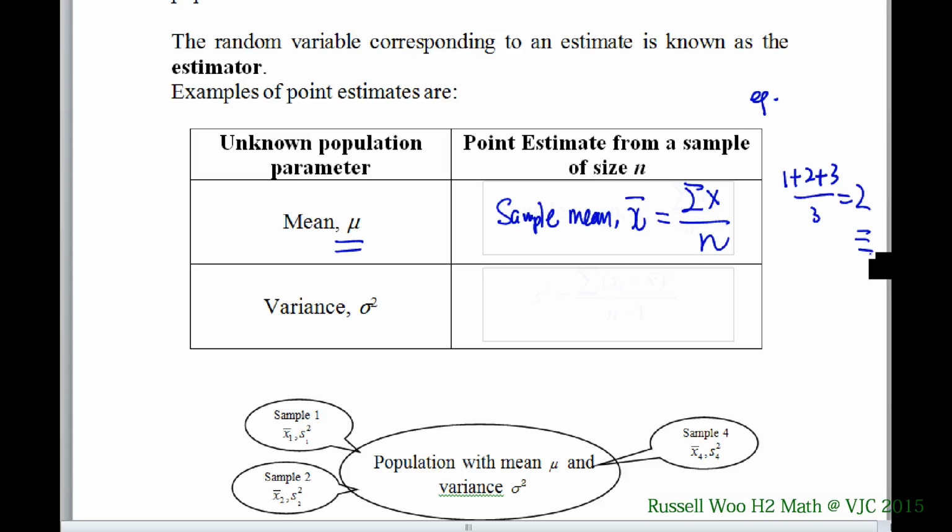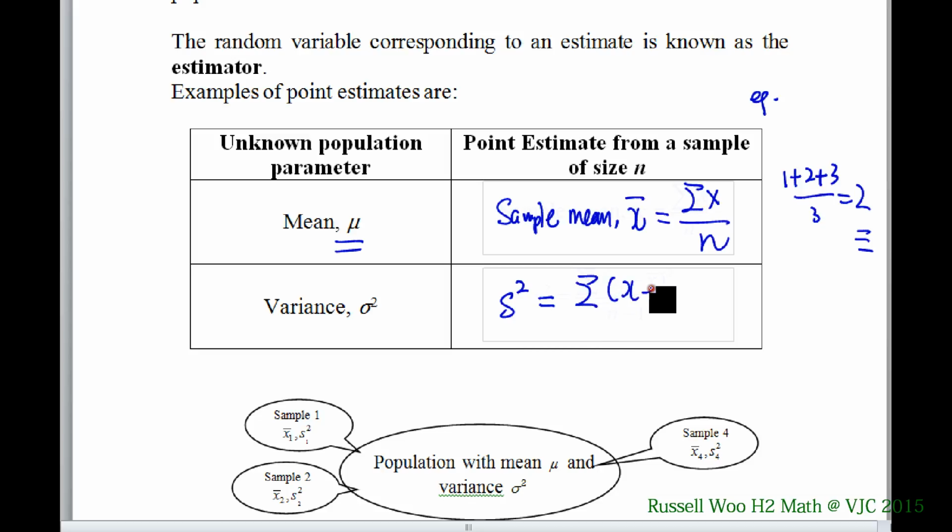It can be shown that in order to estimate my population variance, I make use of something called S squared. This S squared is not the sample variance. It looks like the sample variance, but it is not.